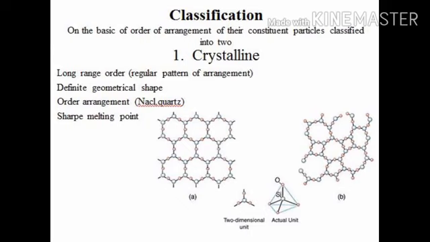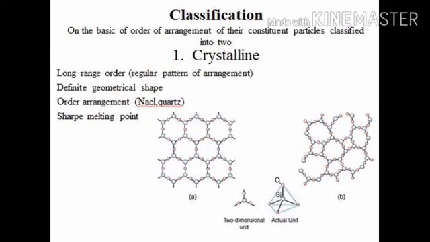X-ray diffraction studies of crystalline solids reveal that the constituents are arranged in a definite order. With the help of X-ray diffraction we can identify whether solids are arranged in a definite order or not.